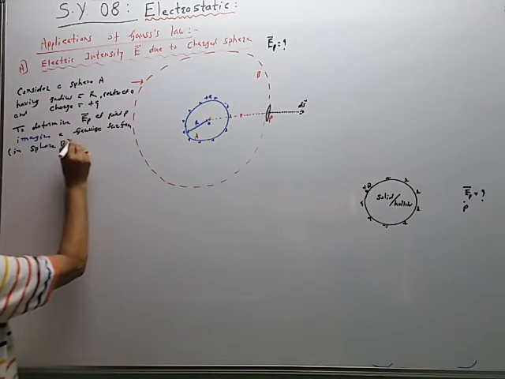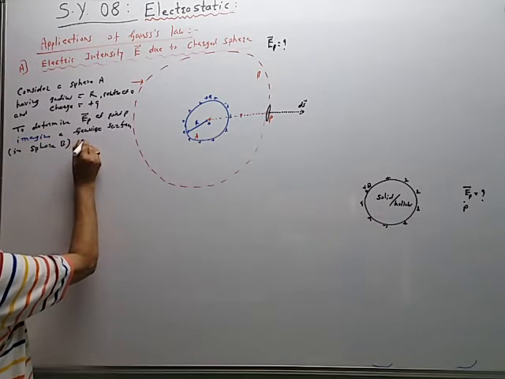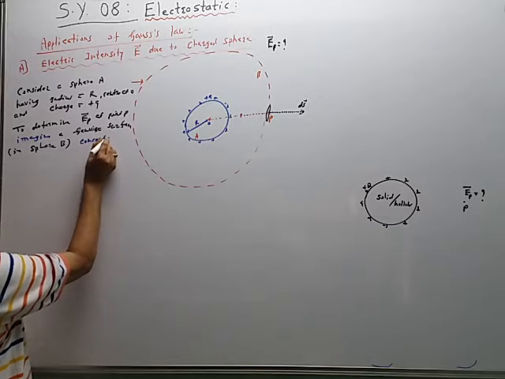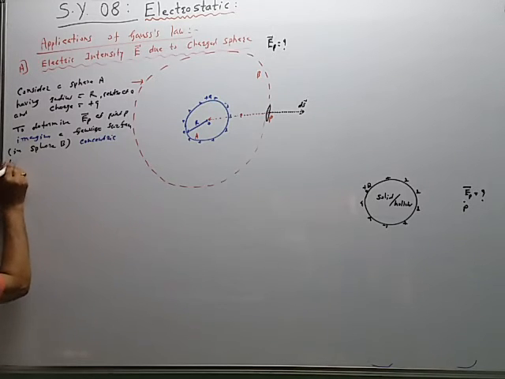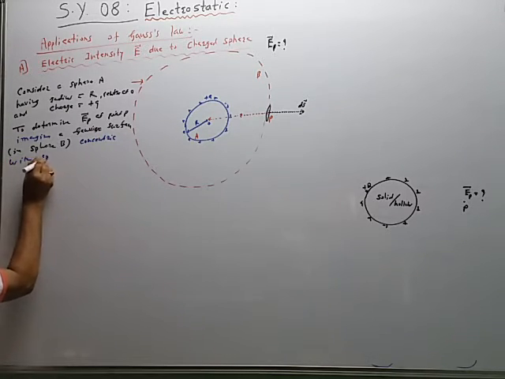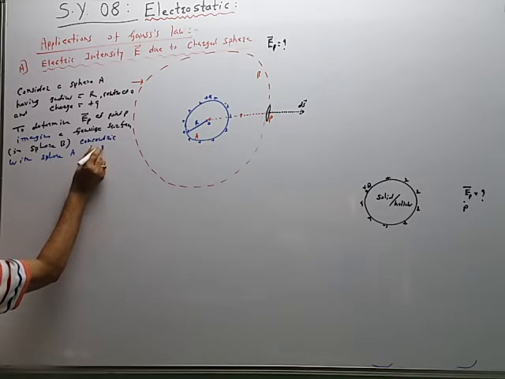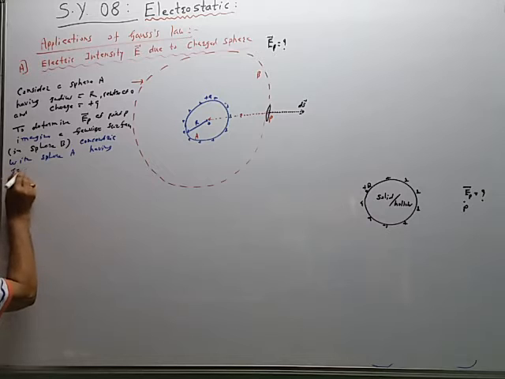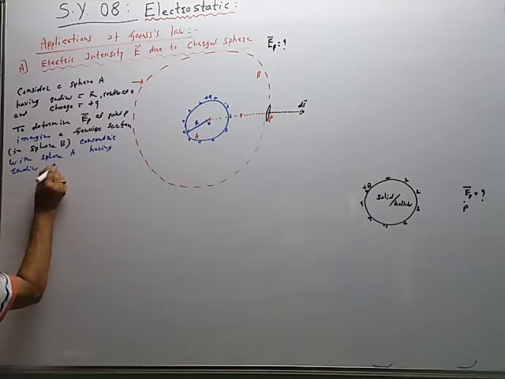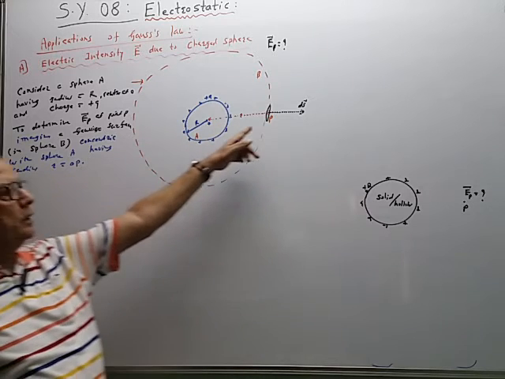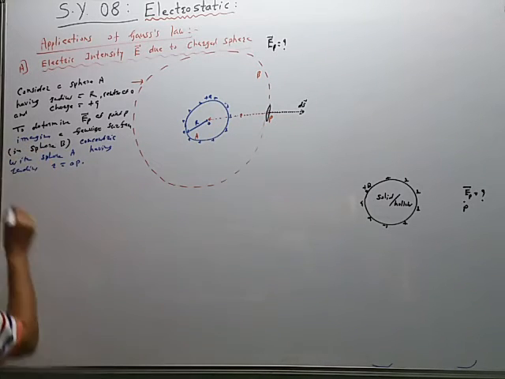Imagine a Gaussian surface sphere B, concentric with sphere A, having radius small r equal to OP, where P is a point.